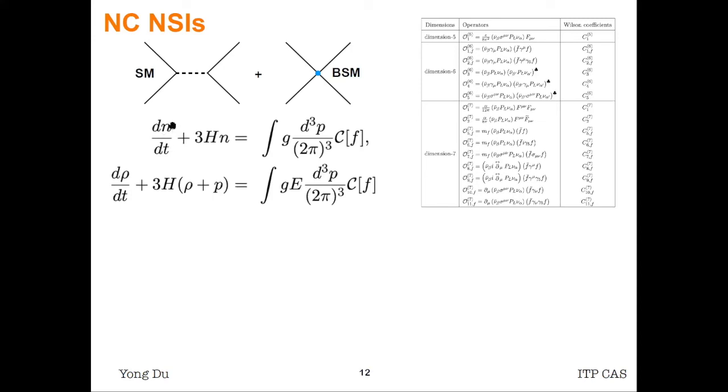The first one is for the number density, and the second one is for the energy density. However, these are integro-differential equations, and on the right-hand side you have a 12-fold integration to do, which makes these Boltzmann equations very difficult to solve.